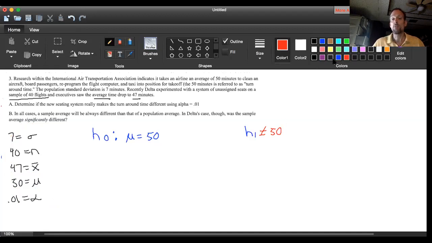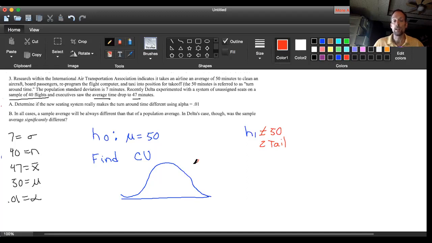Okay, so now let's work on our critical values. I'm going to do a curve sketch here. And because I have a two-tailed case, I need to take my alpha and split it by 2. So I'm going to put in big red letters here, two-tail.